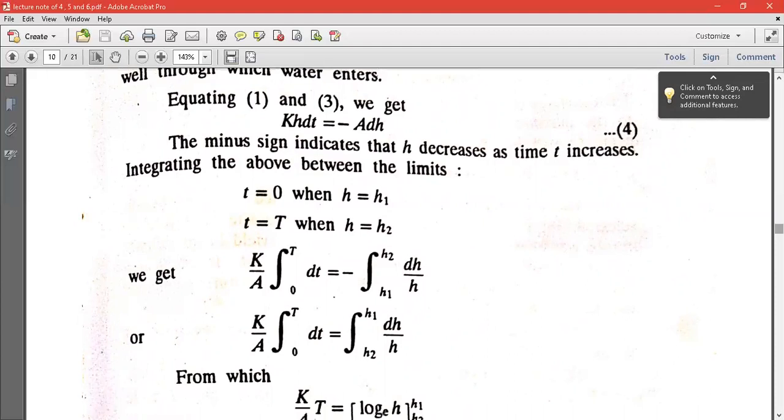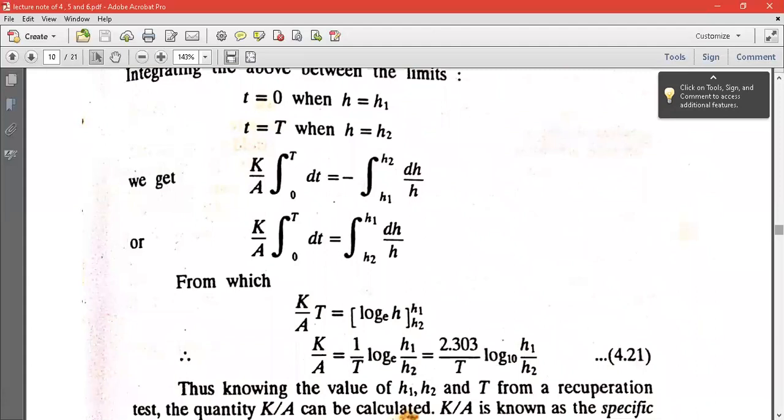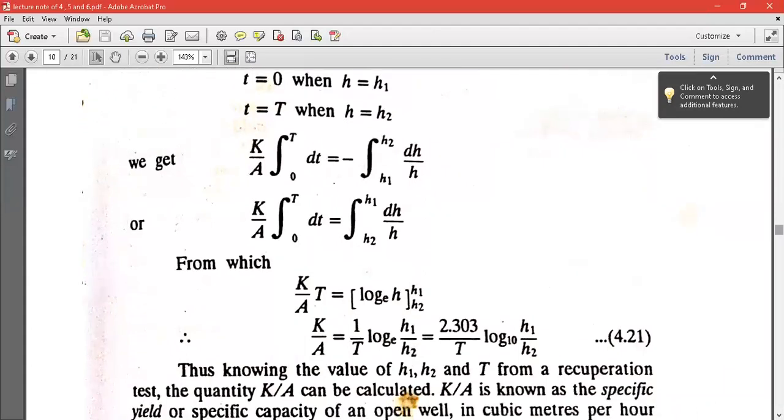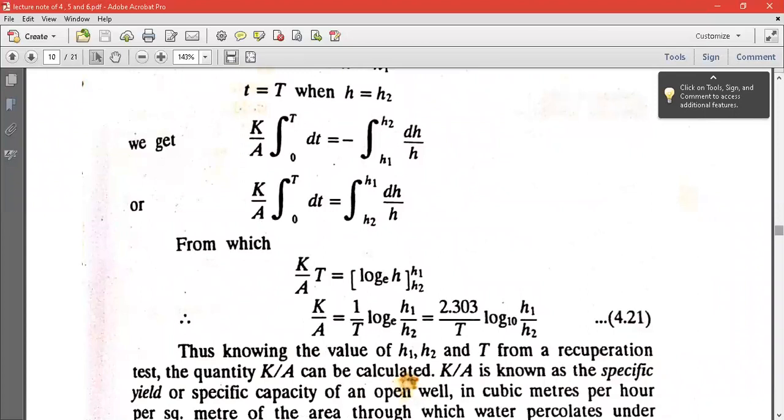So ultimately the deduction comes as K by A equal to 1 by T log e H1 by H2, and converting log e to log 10, you apply the multiplication factor 2.303. So finally we have arrived at the equation K by A equal to 2.303 divided by T, where T is capital T, times log 10 H1 by H2.